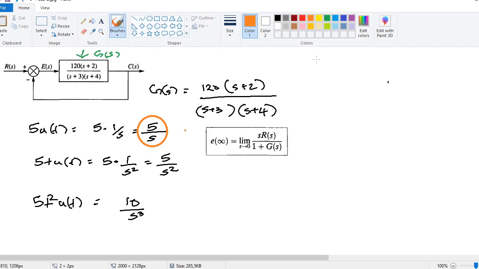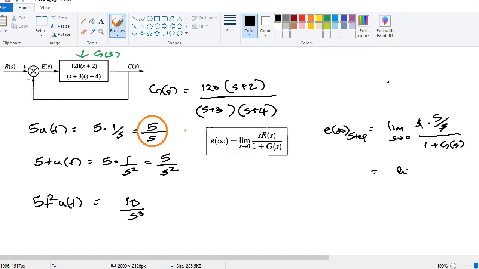So we're going to say e of infinity step is equal to limit s tending to 0 s into 5 by s, right, divided by 1 plus G of s. So s and s will cancel.